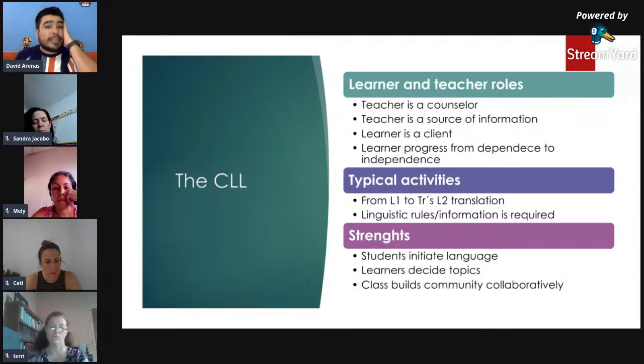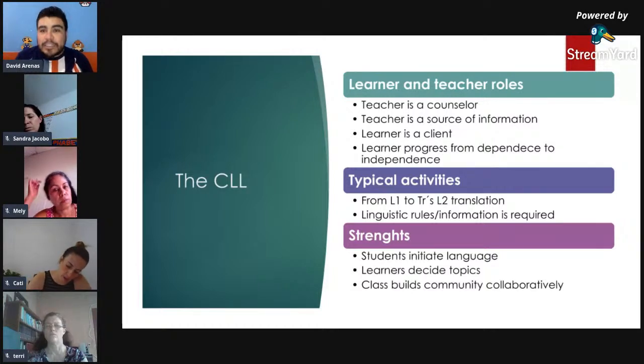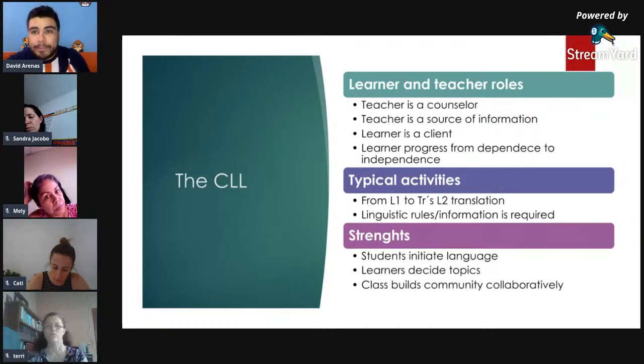It was the teacher's role. The teacher was a translator at the beginning, and he would model that language for them to know how to use it. And also a lot of linguistic rules and information about the language was required, right?